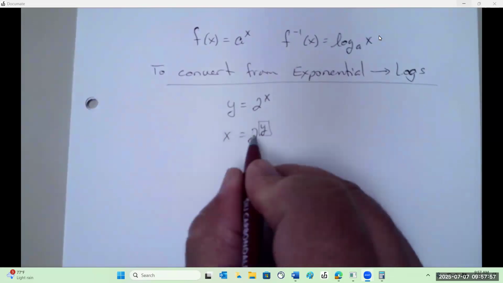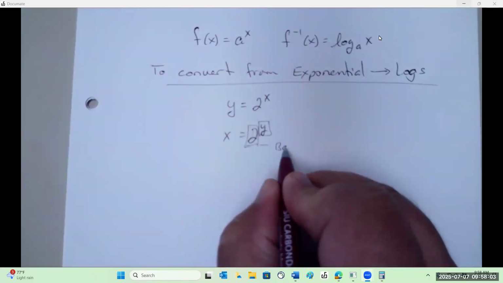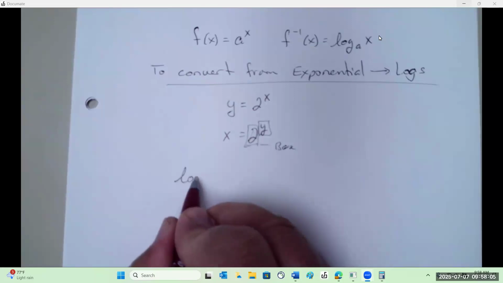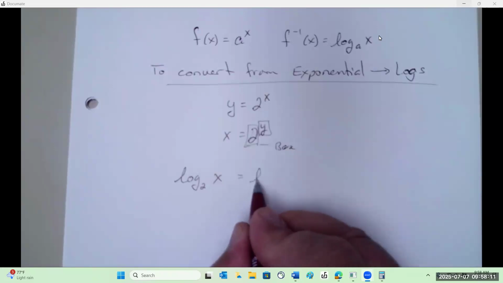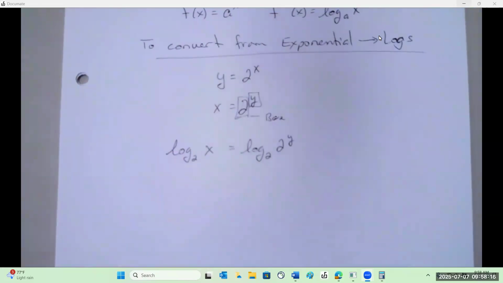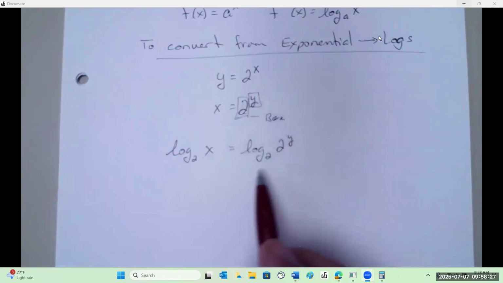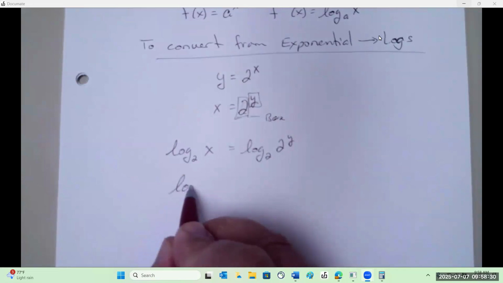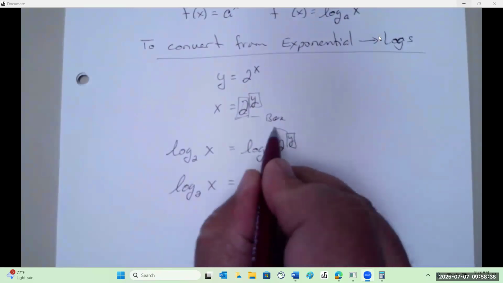So what we do here, since the base is 2, remember this is the base, we take the log base 2 of both sides. Because the base is 2, we're trying to get this exponent down out of there. The left side stays alone, but the right side, because it's an exponent, it comes out in front.